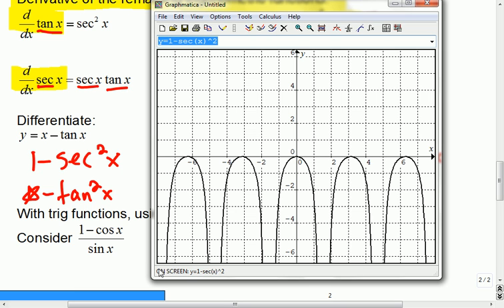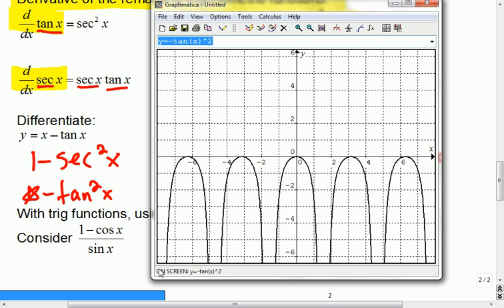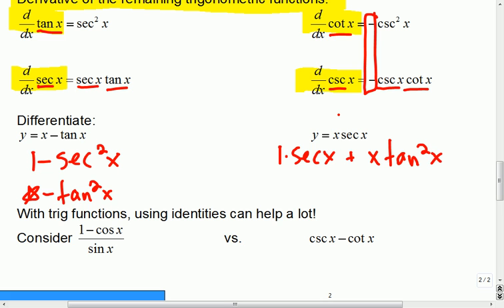Now say, okay, if I'm correct and the textbook is also correct, the graphs should look the same. So here's negative tan squared. Same pictures. That's enough probably to convince you that the textbook has done some other trig identities, and that's okay. It just means you're both correct. So if you get confused by an answer when you're checking over your homework, you may want to check that they haven't done some trig identities.